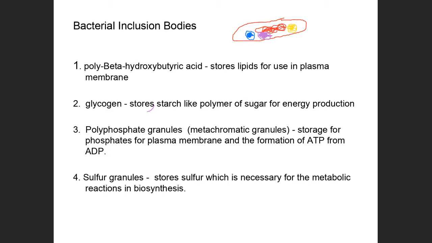Number three, bacteria store phosphates in what we call polyphosphate granules, sometimes referred to as metachromatic granules, because of the way they stain under the microscope. This is the storage of phosphates, and they store phosphates to make more plasma membrane, but also for the formation of ATP from ADP, mostly in the electron transport system.